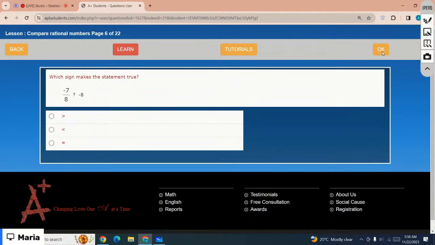Negative 7 over 8, and you have to compare it to negative 8. Which is the correct option?